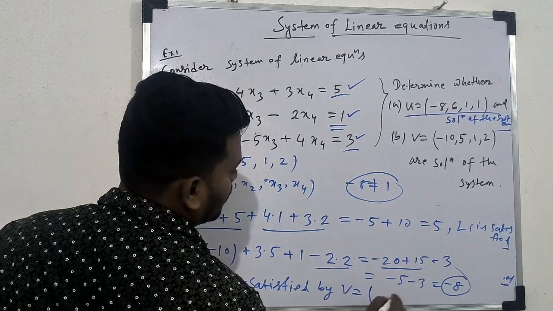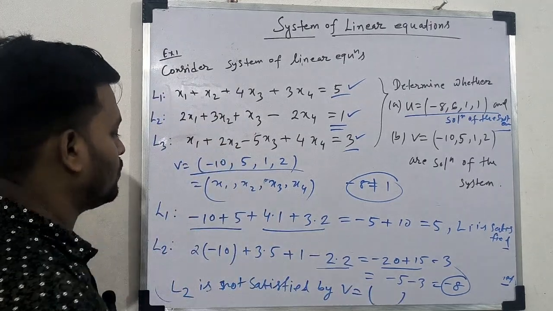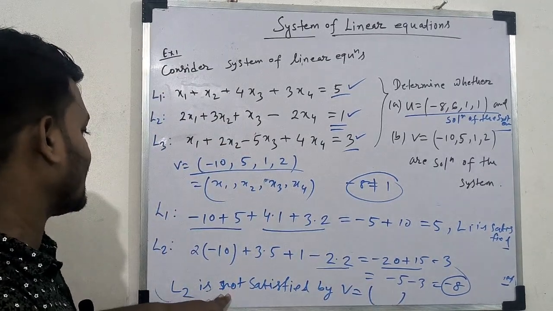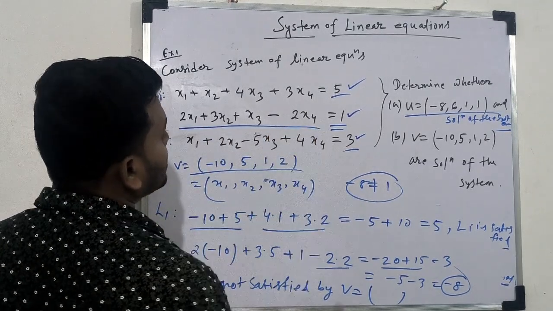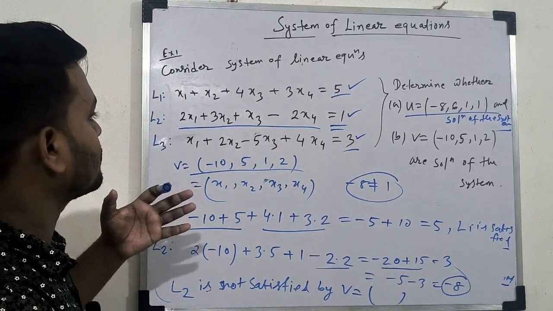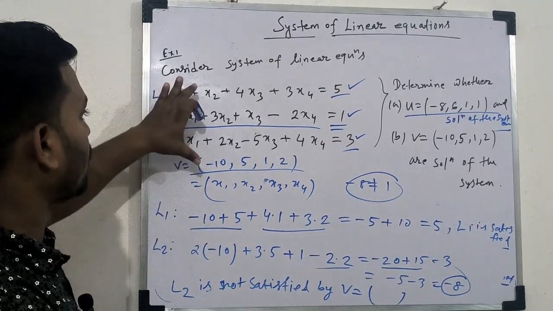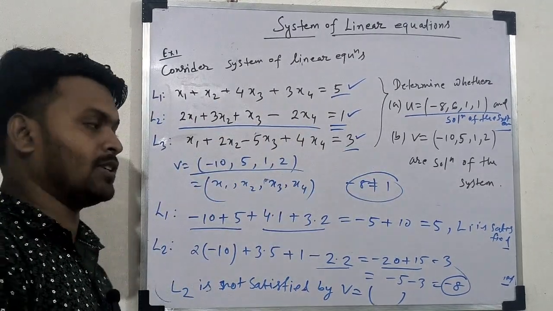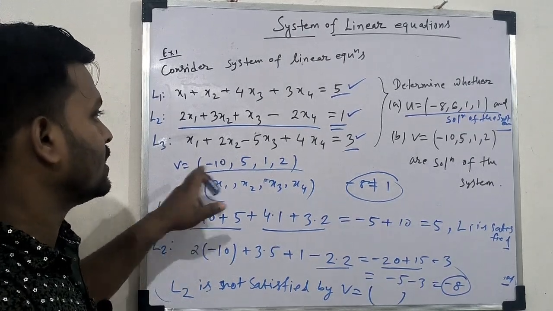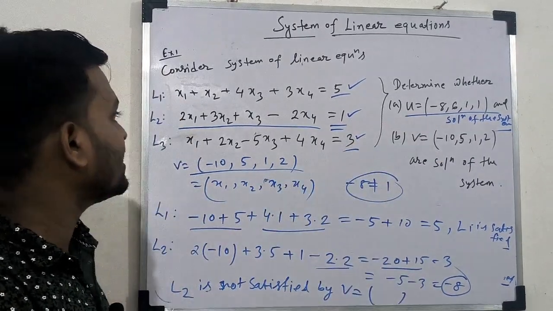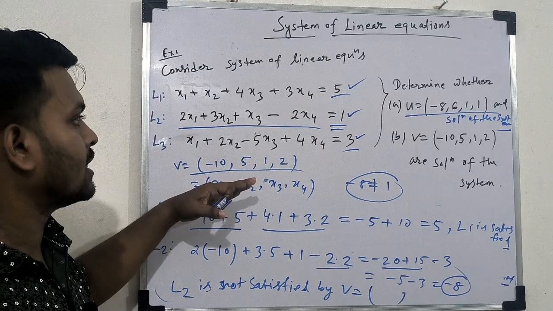by V equal to this. So then we can say that this V is not a solution for this equation, and from this we can conclude this V is not a solution for this system of linear equations. So we know that U is a solution if U satisfies each of these equations.